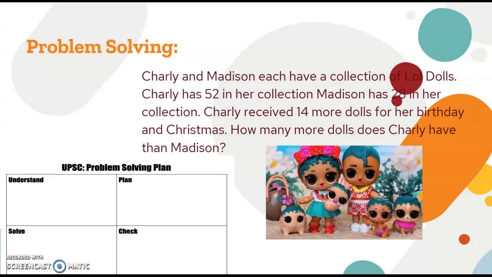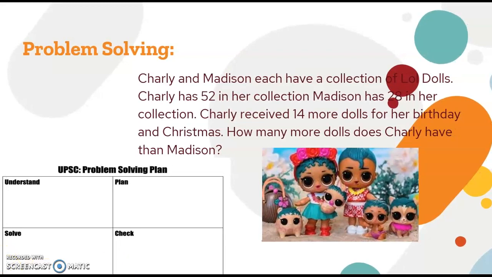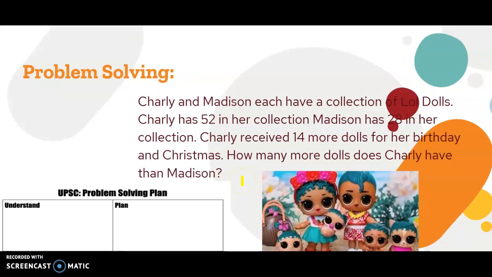And we are going to first highlight any clues that are going to help us solve our problem. So we're going to focus on the question. I'm going to work this one backwards, because I want you to understand what the question is asking of us.